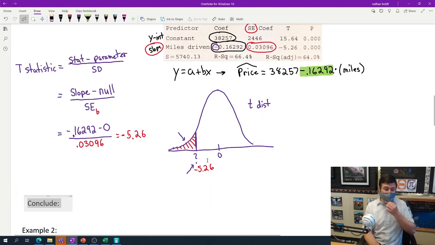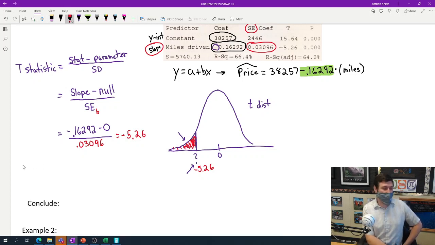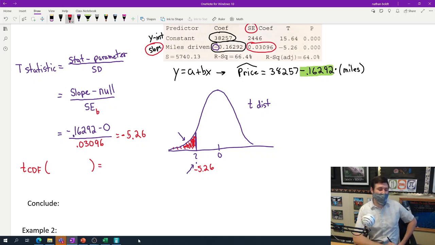How likely is it that we could have gotten a slope that's 5.26 standard deviations away? Well, that is simply a TCDF. I have to find this area, and to find the area, it's a CDF function. So it's a TCDF. I'm going to plug that into the calculator, and it's going to give me the probability.